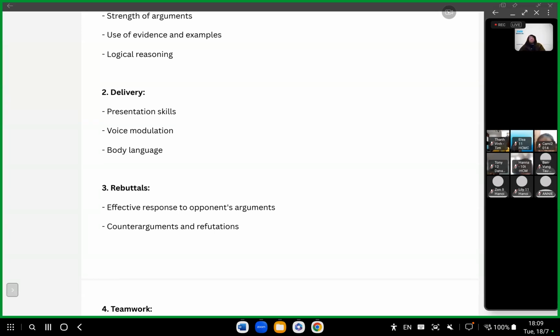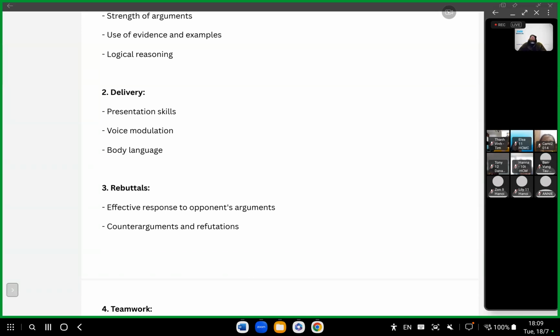So that sort of stuff does matter, because our body language can actually let the audience and the judges know what we're thinking, how we're feeling. So are you confident? Are you nervous? Do you believe in your arguments that you've prepared? So yeah, all of these things matter a lot, and voice modulation too.